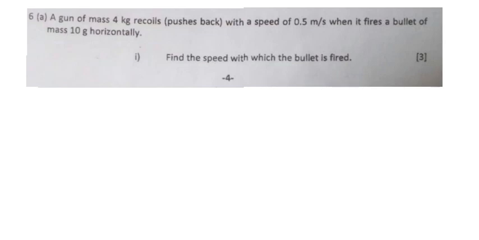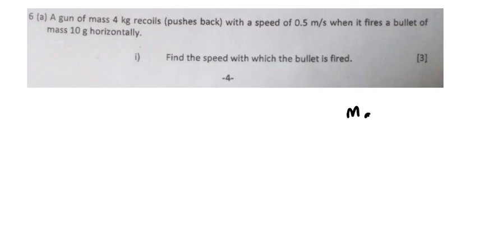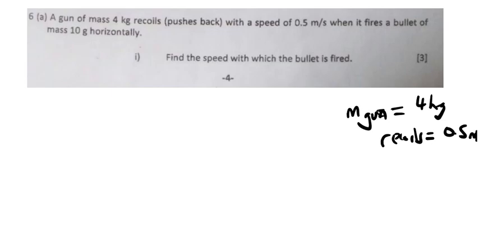Okay, so the mass of the gun, have we been given? The mass of the gun, which we're going to call M1, is 4 kg. We're saying it recoils at 0.5 meters per second backward. Okay, because recoiling, they've told us it pushes back.